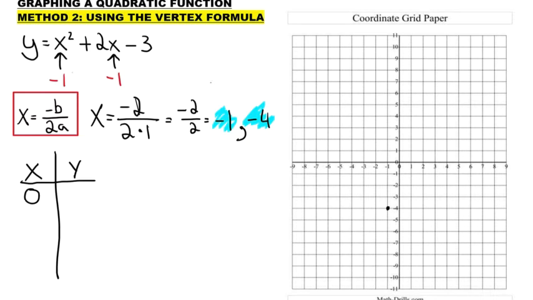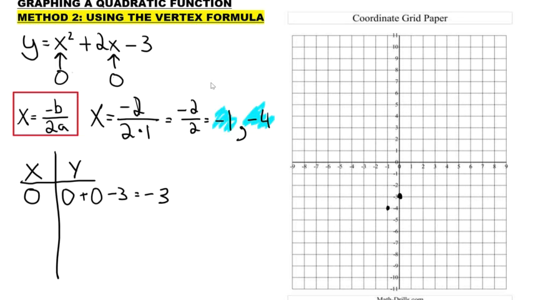Let's see what happens when we put a 0 in there. That's going to be 0 times 0, 0, plus 2 times 0, 0, minus 3. So clearly we know that our y-intercept is at negative 3.